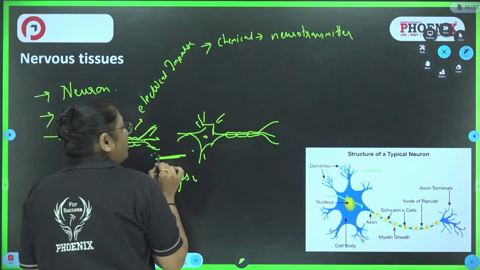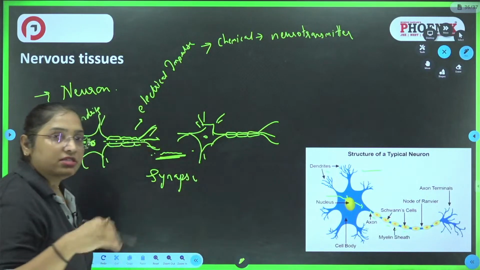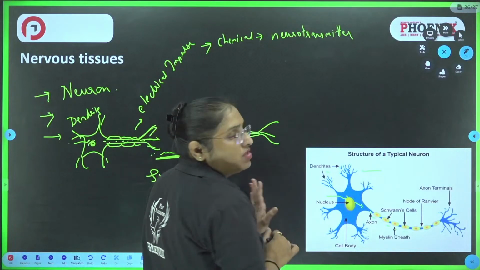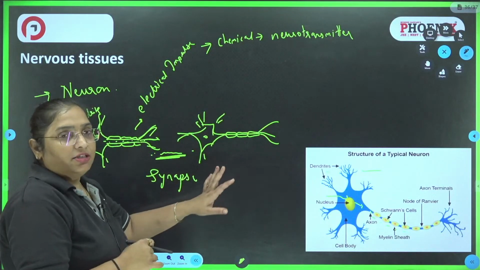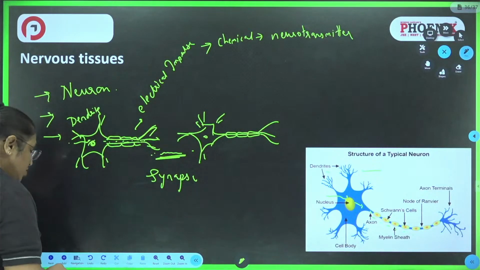This neurotransmitter, when it enters into the another cell, is converted into electrical impulse, and so on the message is transferred from one neuron to another neuron and finally to the brain. So this is about the nervous tissue.